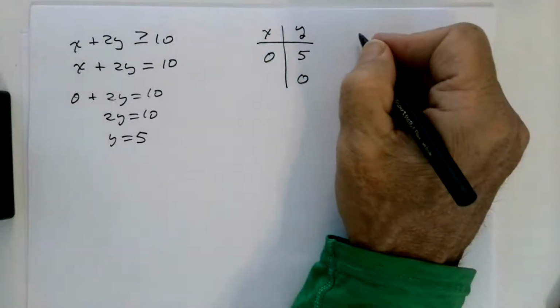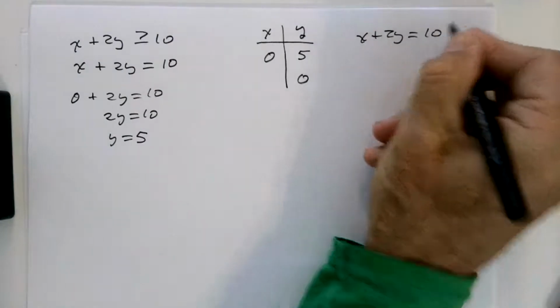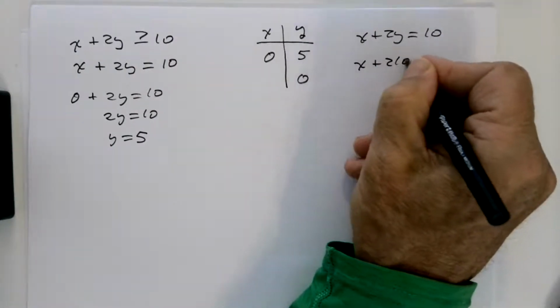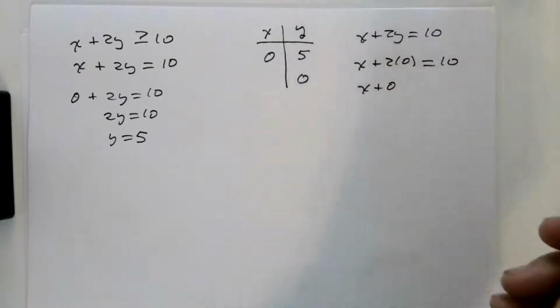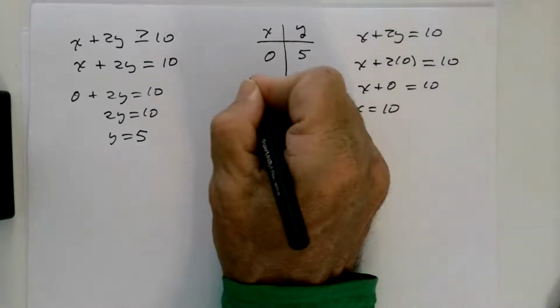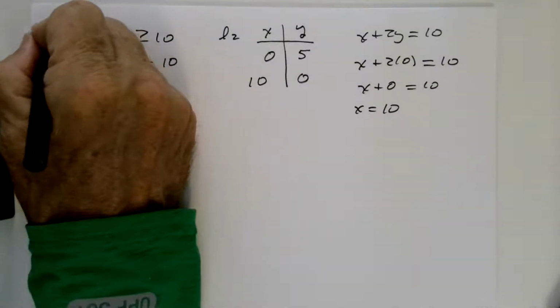If y is 0, x plus 2 times 0 is 10. X plus 0 is 10. X is 10. So this is our line 2.